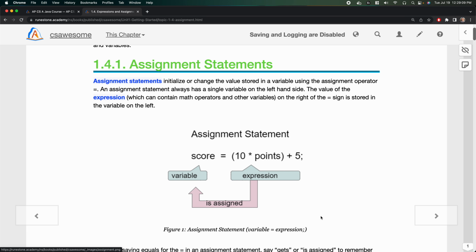So then here, they've got a pretty good diagram, so I won't draw one. Here's an example of what is called an assignment statement. Now, if you watched the video about chapter 1.3, you'll know kind of what this looks like. On the left-hand side of the equal sign, we have the variable's name. So this is an example where we've got a variable called score.